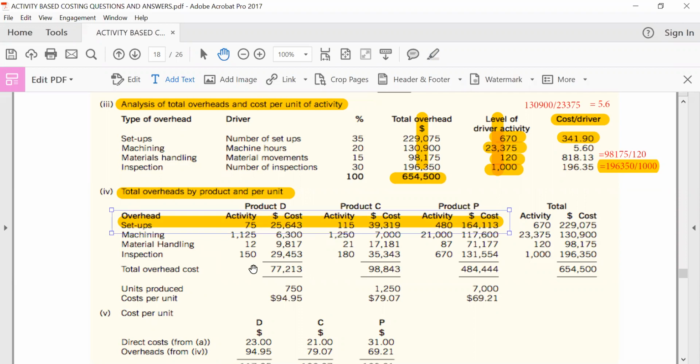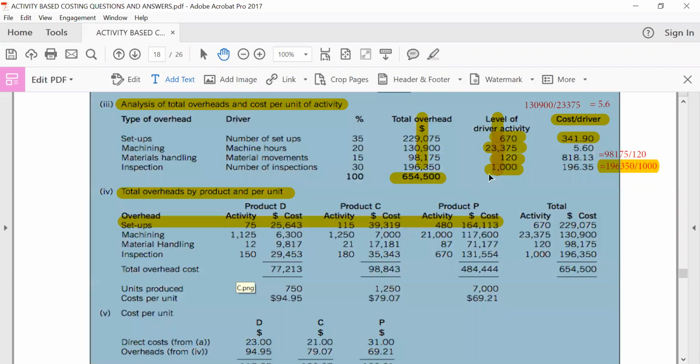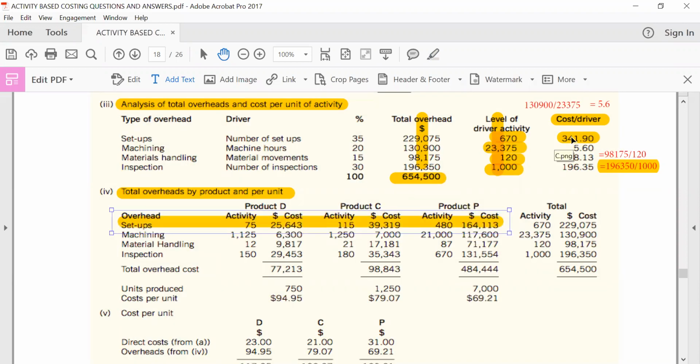You use that 75 to multiply the basis, which was 341. We are dealing with setup, right? So in the case of the cost driver rate for setup, you got 341.90. You use it to multiply the cost driver. That is what influences the cost. So 341.90 times 75 will give you 25,643.